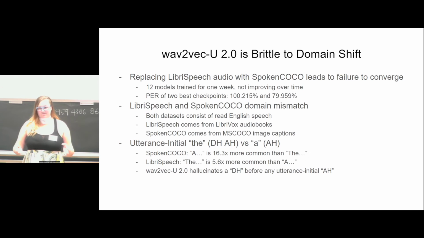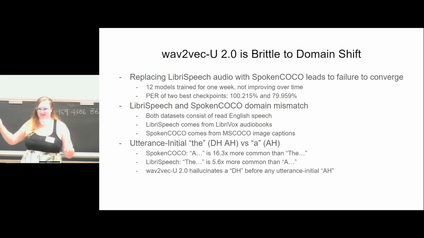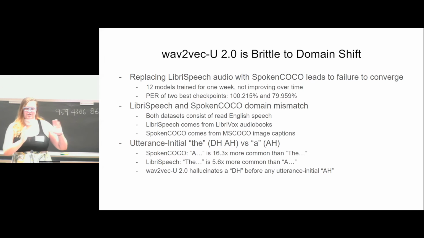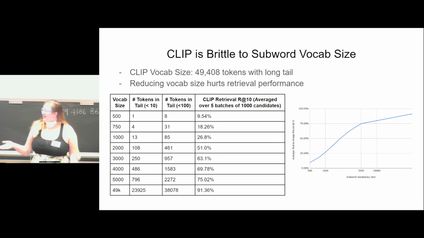But if you look at the distributions of sentence initial "the" versus sentence initial "a" in these data sets, in spoken COCO, you're 16 times more likely to start a caption with "a" than you are with "the". Whereas in Librispeech, you're 5 times more likely to start a sentence with "the" than "a". And so the Wave2Vec-U 2.0 models that are trained with Librispeech LM training data as the non-parallel text and with spoken COCO as the audio are quickly learning to hallucinate a "the" phoneme before they see any utterance initial.